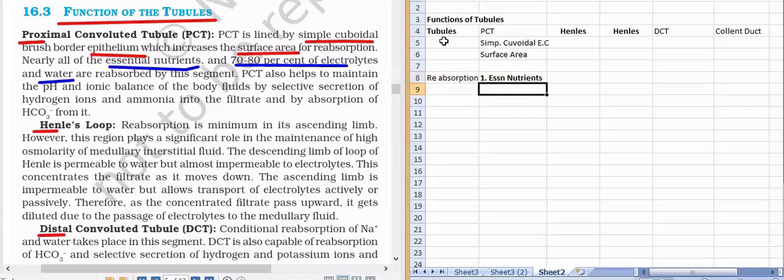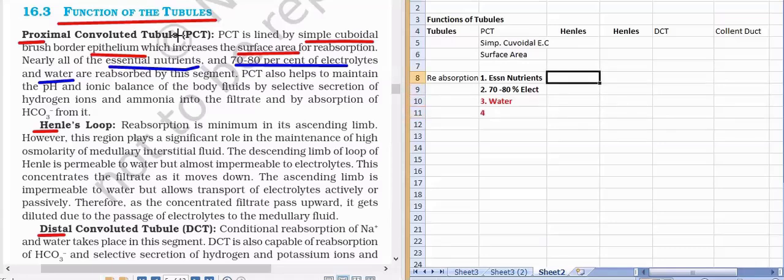Second, 70 to 80% of electrolytes, meaning salts actually. You can write in your notes, salts. Third is water, maximum water. Fourth will also come, which I will say later. These are the three things and more.